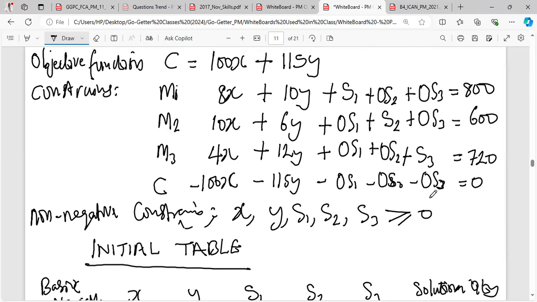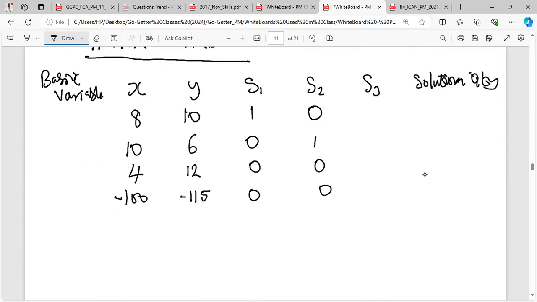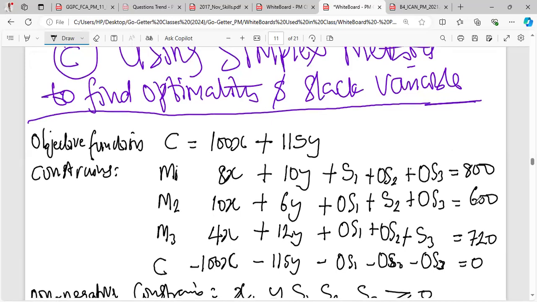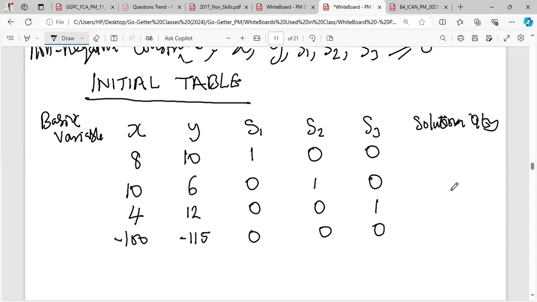And in S3, we have 0, 0, 1, 0. Then of course, 800, 600, 720, and here is 0.